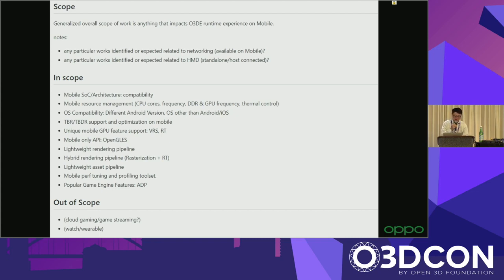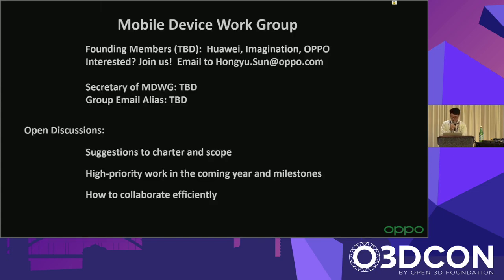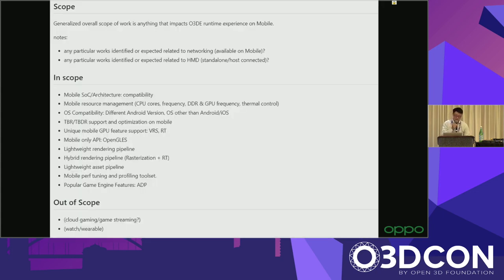TBR, TBDR, those are hardware GPU features, and unique feature support for sure. Then the API: this is still in debate, like should we support OpenGL ES or not? Currently O3DE is pure Vulkan-based.